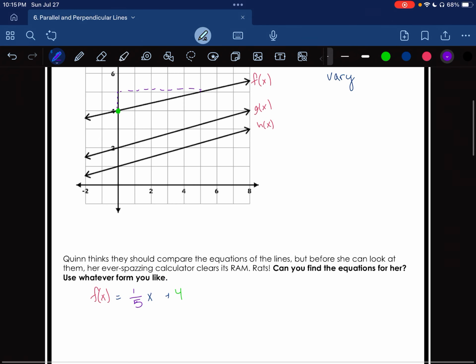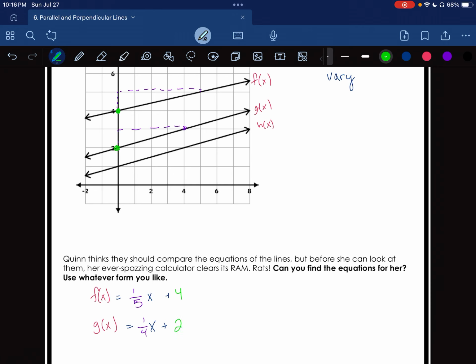All right, now I'm going to write the equation for g of x. So it looks like it has a y-intercept of 2, a slope of up 1 over 4, so slope of 1/4. So we got 1/4 x plus 2.